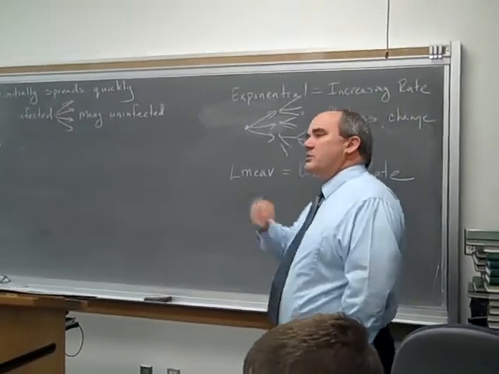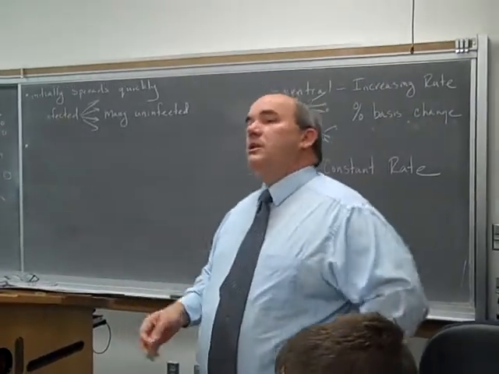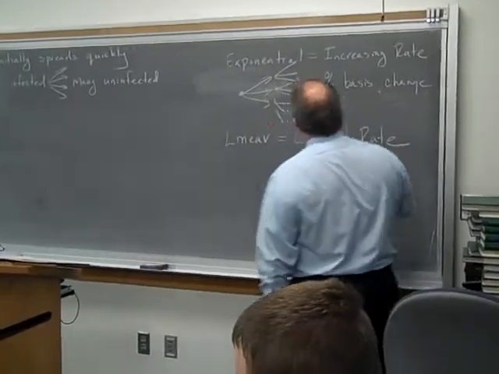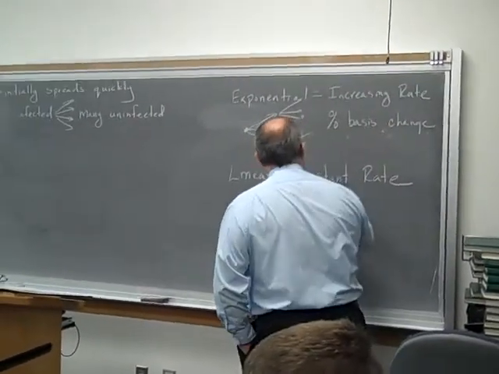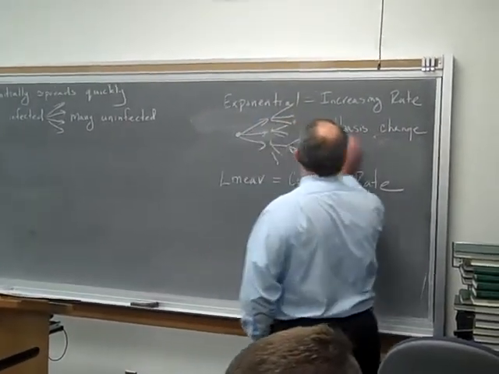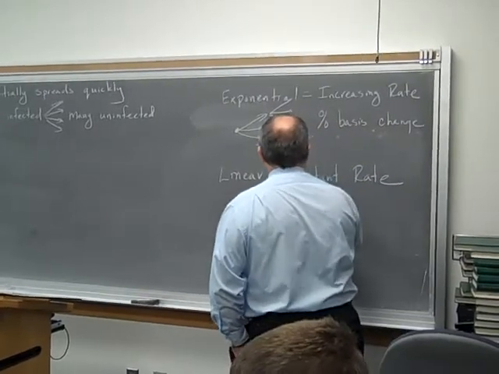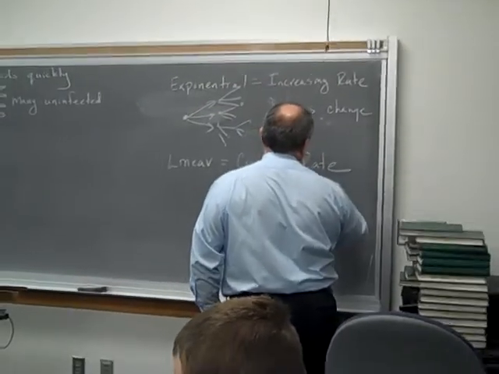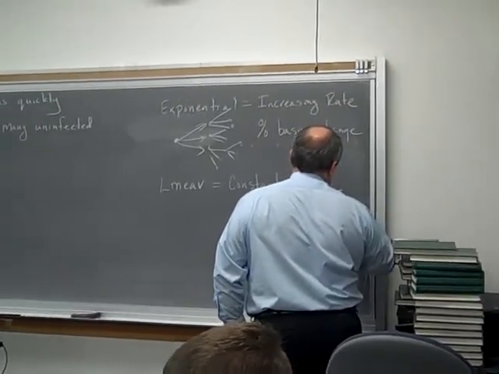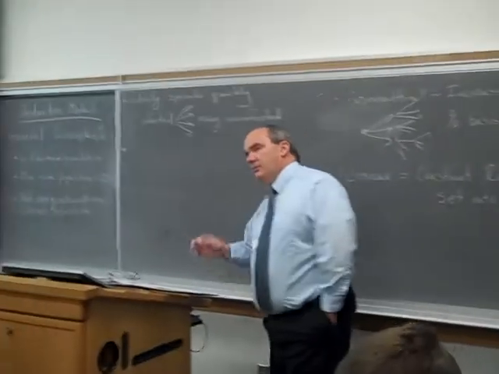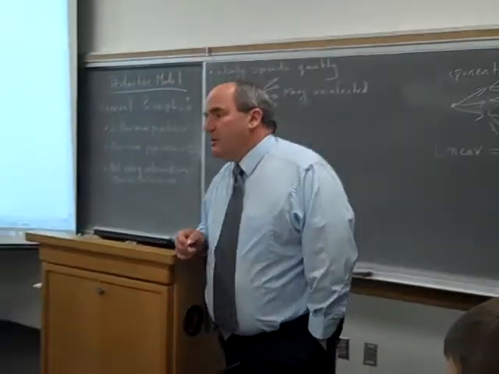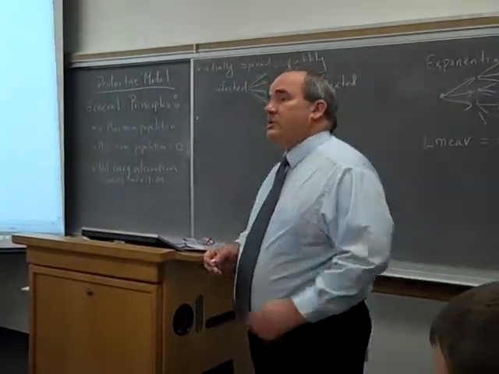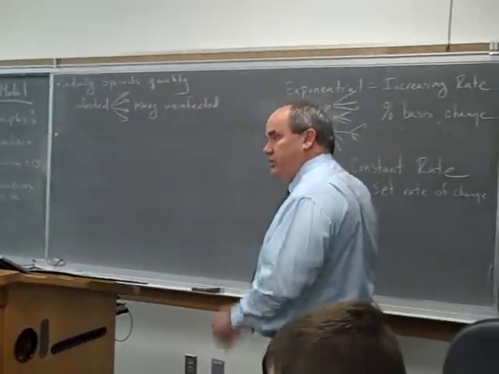So you change by a certain percentage every time, either increase by a certain percentage or decrease by a certain percentage. Whereas down here, it's not a percentage basis, it's just a set rate of change, constant rate. You change by 3 every time, you change by 2 every time. So that's the difference between linear and exponential growth, whether you're going up on a percentage basis or just at a constant amount every time.